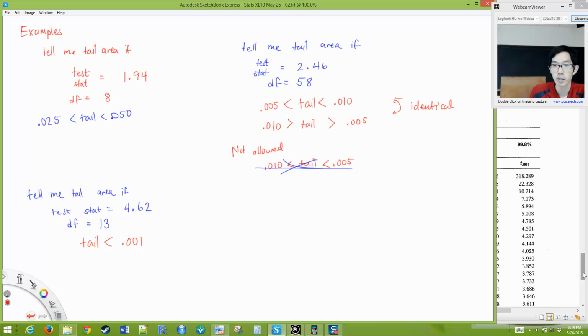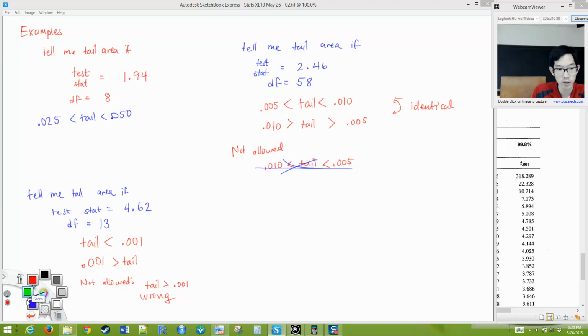Can you put 0.001 is greater than tail? Okay, if you want to write 0.001 is greater than the tail, that's fine. They're, again, identical. But do not write tail is greater than 0.001. Okay, this is wrong. Is that okay?